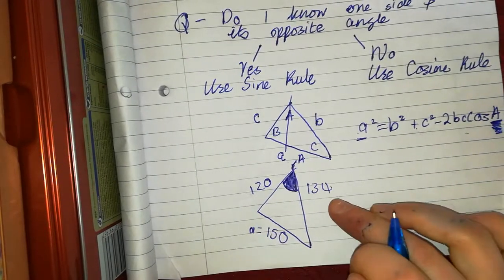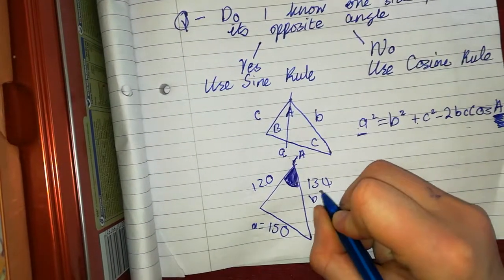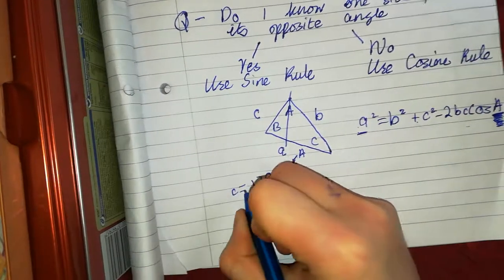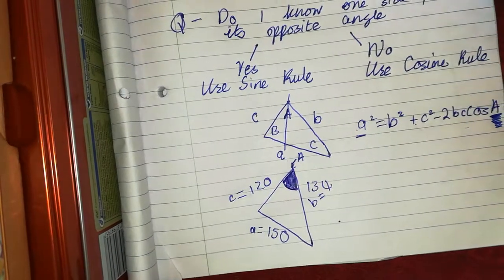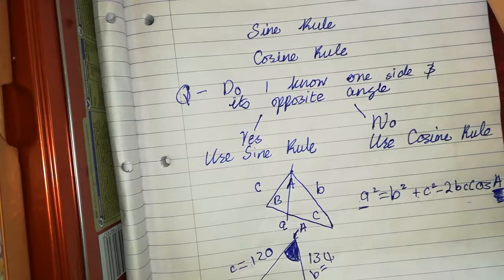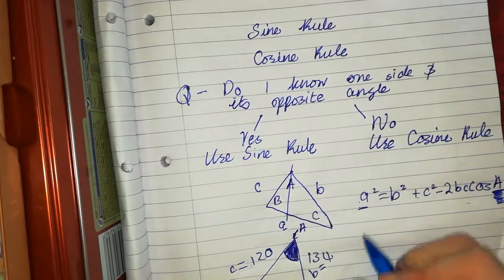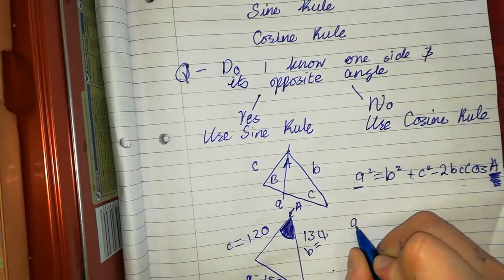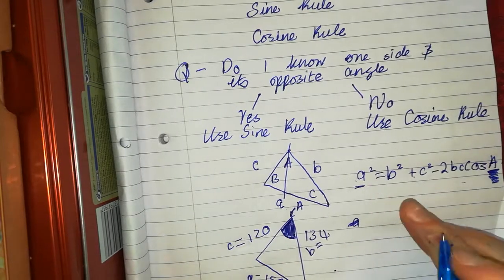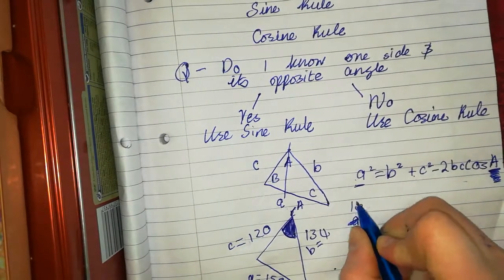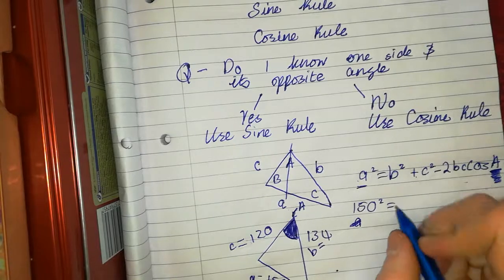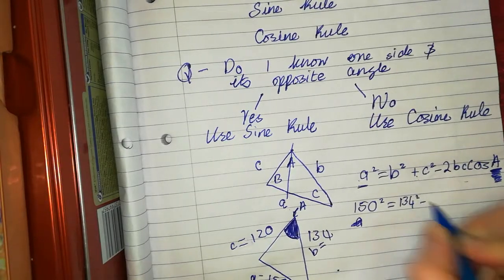It doesn't really matter what I call the other two, so let's call this B and this C. Then A squared, which is 150 squared, is equal to b squared, which is 134 squared, plus c squared.